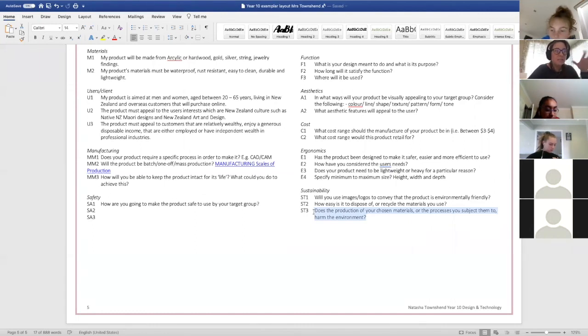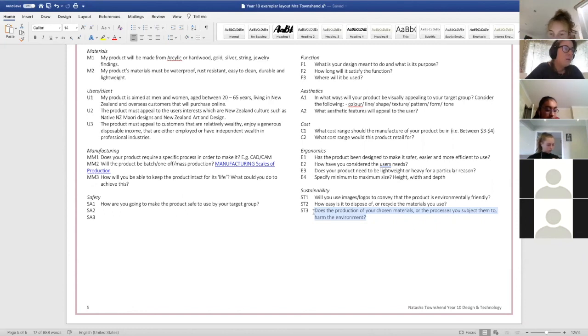But the actual laser cutting, those are probably quite environmentally friendly, sustainable processes at this stage. So my product must be made, produced with consideration for the environment. I think that's probably what we're trying to say here. My product must be able to be recycled as much as possible at the end of its life.